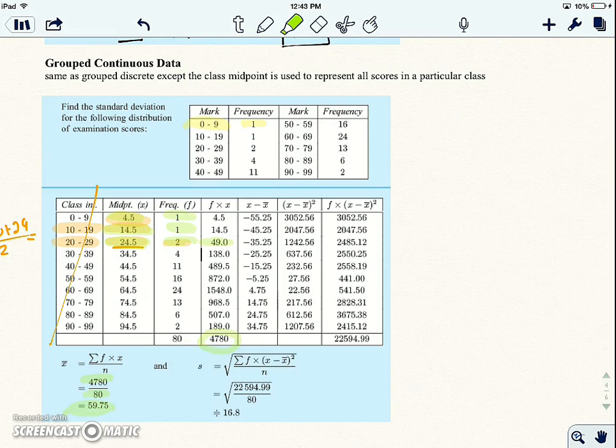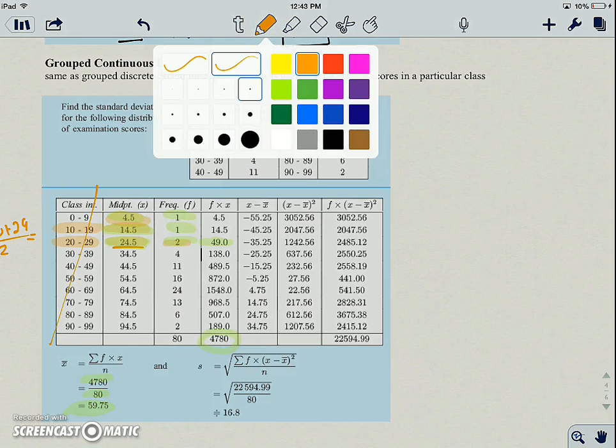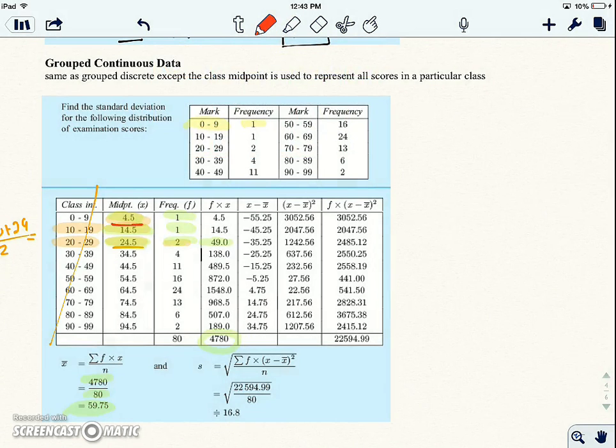59.75. And then again, we take each score. In this case, our estimate score 4.5. So this one came from 4.5 minus our average of 59.75, and we'd get negative 55.25. Do that for all the scores. And then again, we square them to get rid of the negatives.